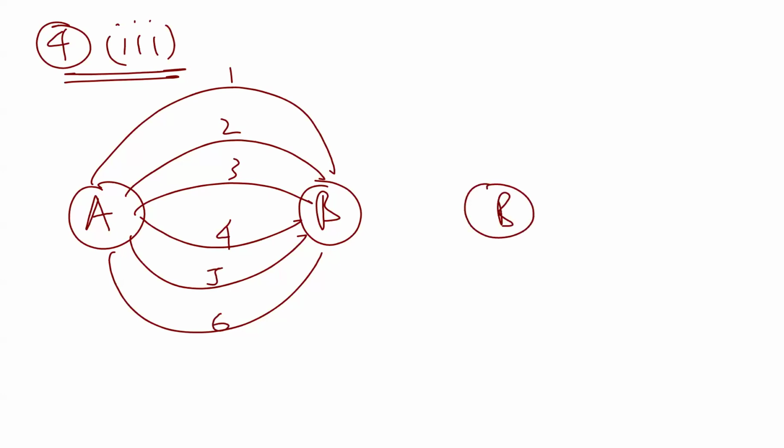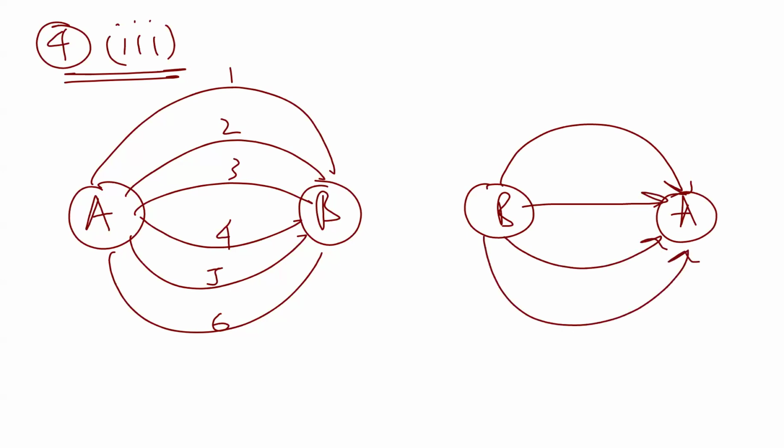And from B to A, the return journey, there are 4 different ships. In how many ways can she perform the journey? So from A to B, she can travel in 6 ways, and from B to A, she can travel in 4 ways. So 6 into 4 is equal to 24.